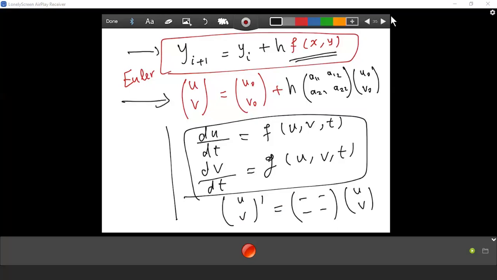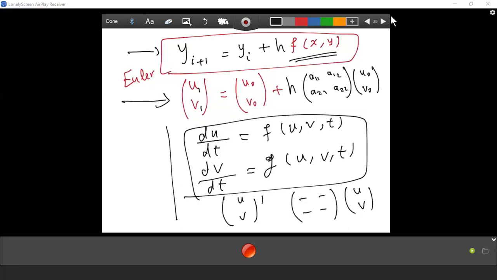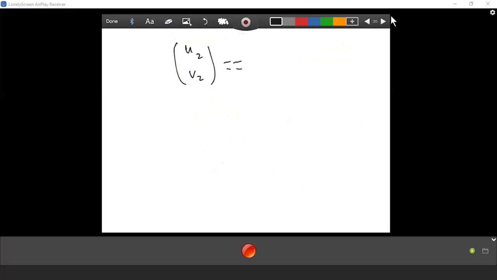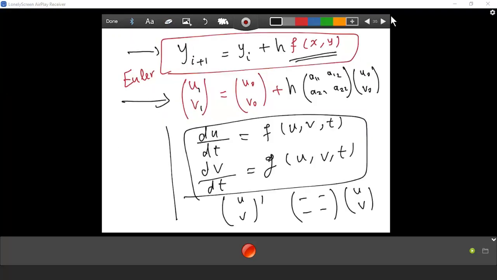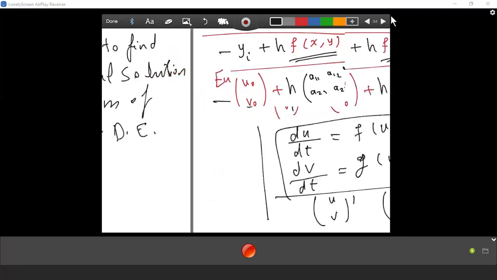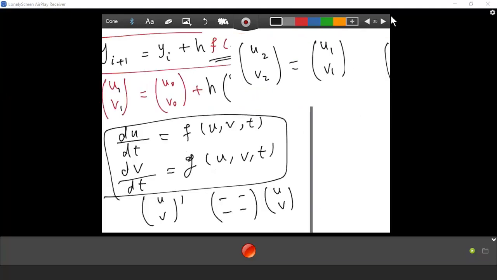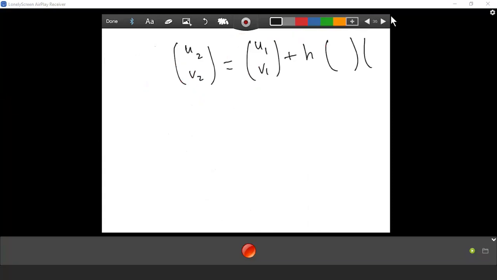Again, this gives U1 and V1. If you go for U2 and V2, they will equal U1 and V1 as a vector, plus this step H multiplied by the coefficient matrix, again with U1 and V1. The matrix is a constant.